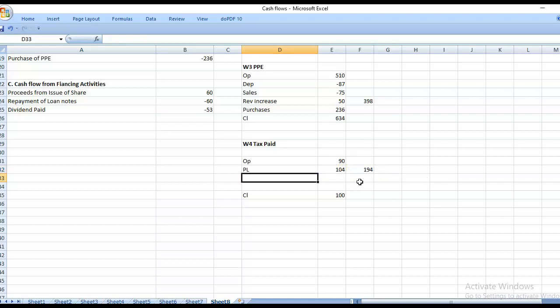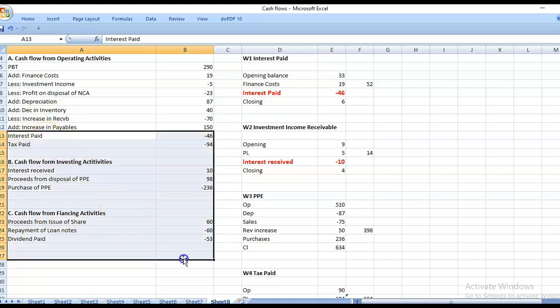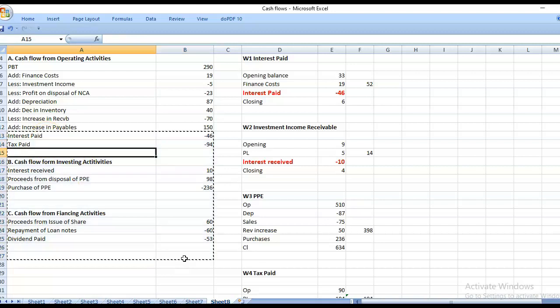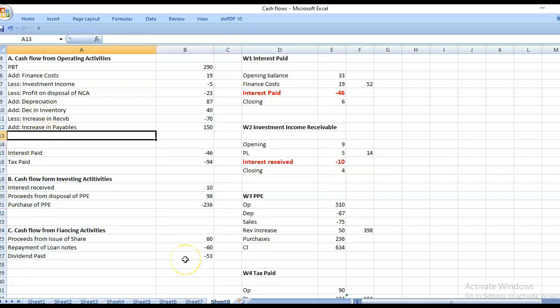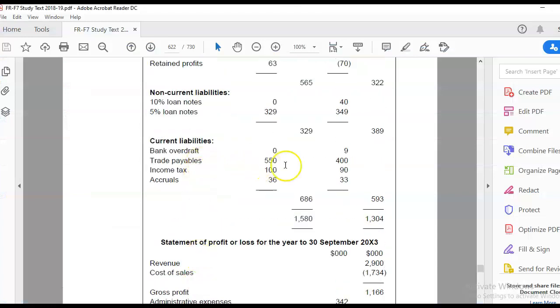So when you compare 194 and 100, you get that the tax paid has been a negative 94. So where do you take tax paid? In this place. Just going to create some space for myself. So tax paid has also been catered.